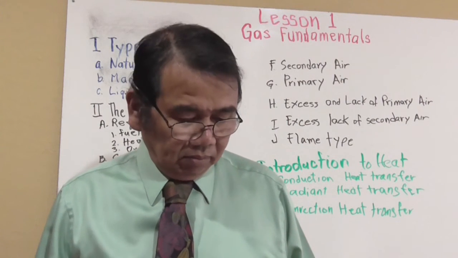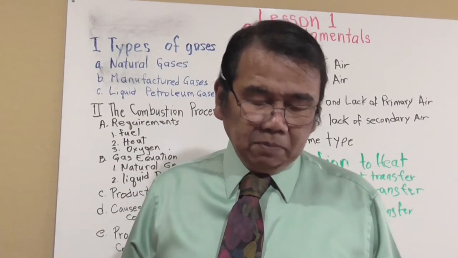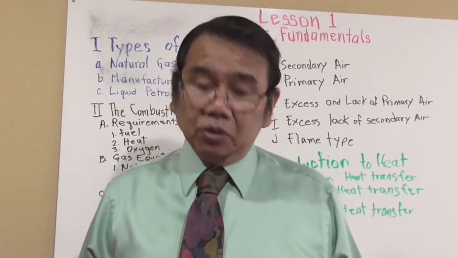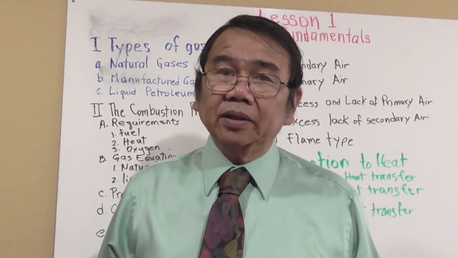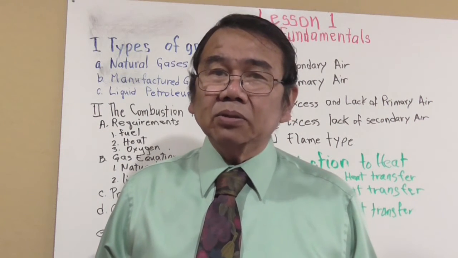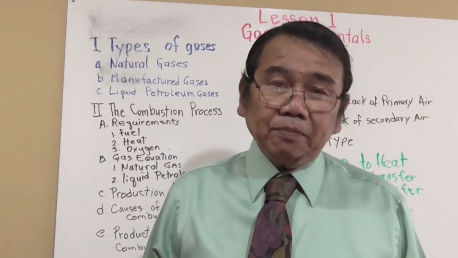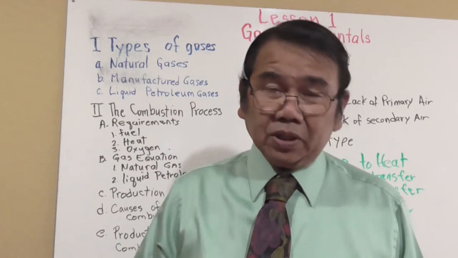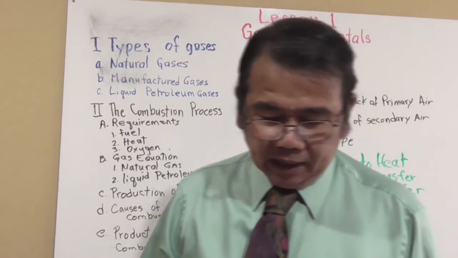Stored in liquid form, but is vaporized when used. BTU per cubic foot is usually 2850. Enters buildings at 11-inch water column pressure. That's very low.